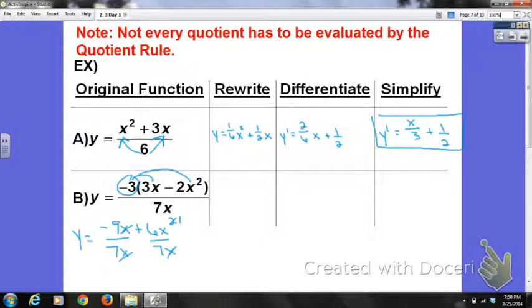So our rewritten function is y equals -9/7 plus 6/7 x. If I differentiate that, the derivative of a constant like -9/7 is equal to 0, and the derivative of 6/7 x is simply 6/7. No need to simplify here. Y prime is equal to 6/7.